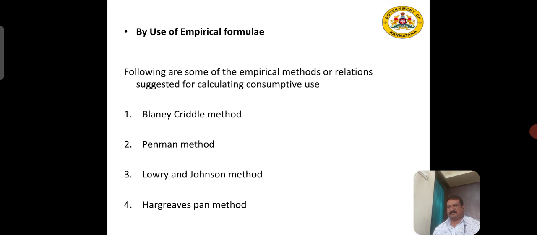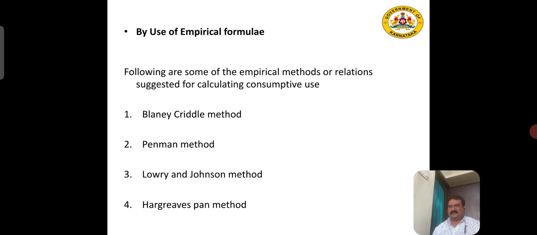These empirical formulas are the Blaney-Criddle method, Penman method, Lowry and Johnson method, and Hargreaves pan method.